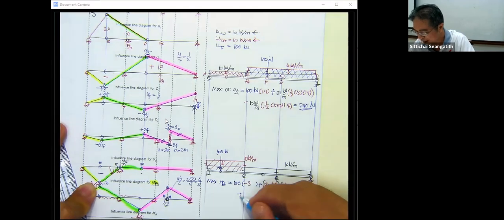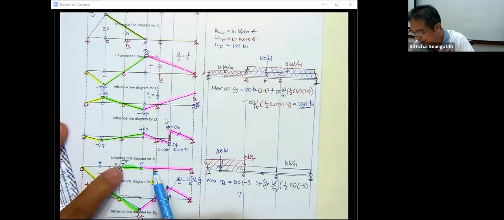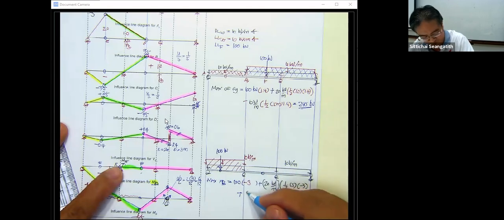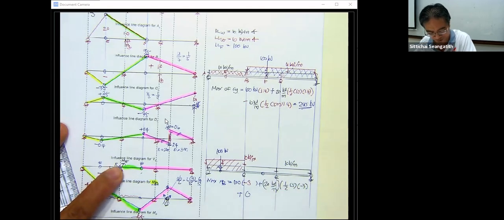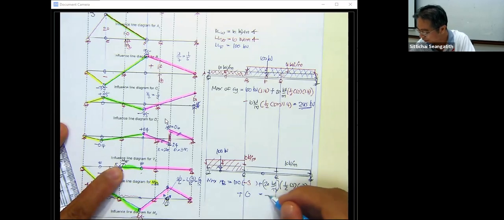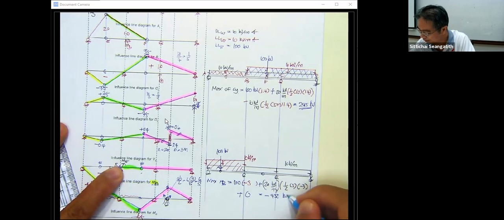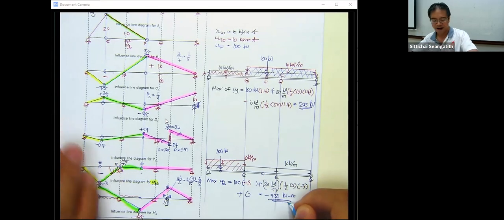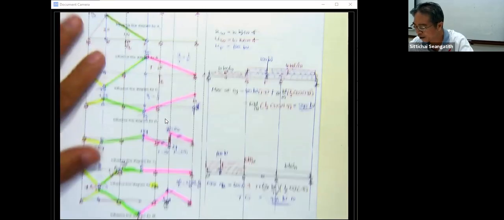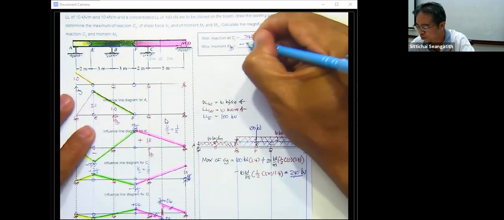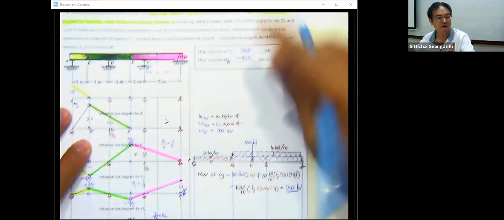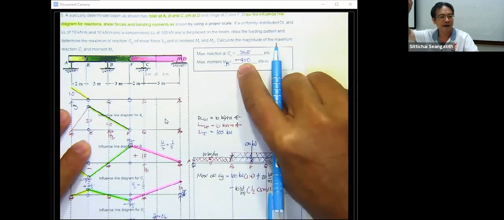And then plus for this portion, even though we put the load here, that is going to be 0. Okay, so this one is going to be -450 kilonewton meter. So that is what we have for this one. Put the negative here also for the last example.